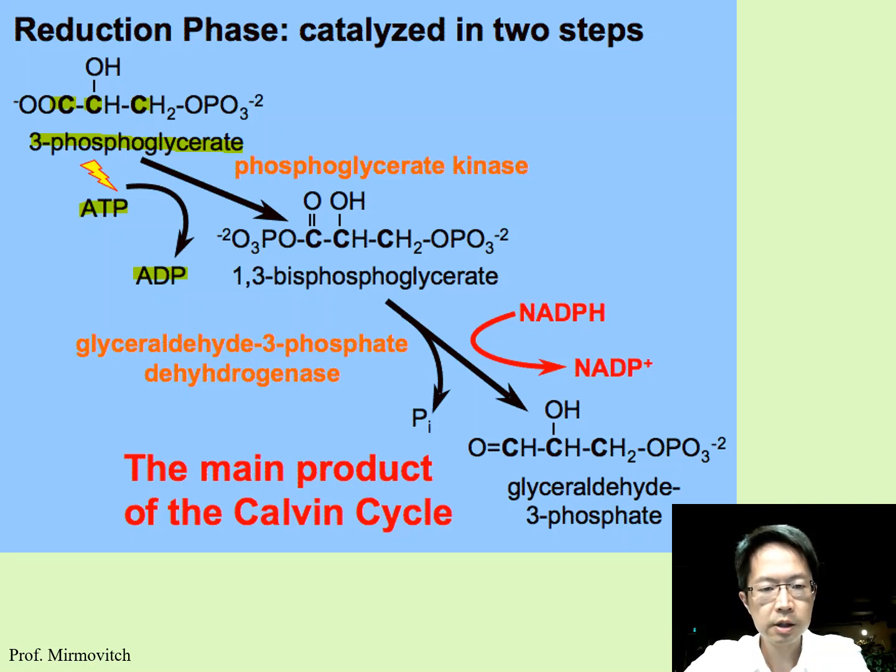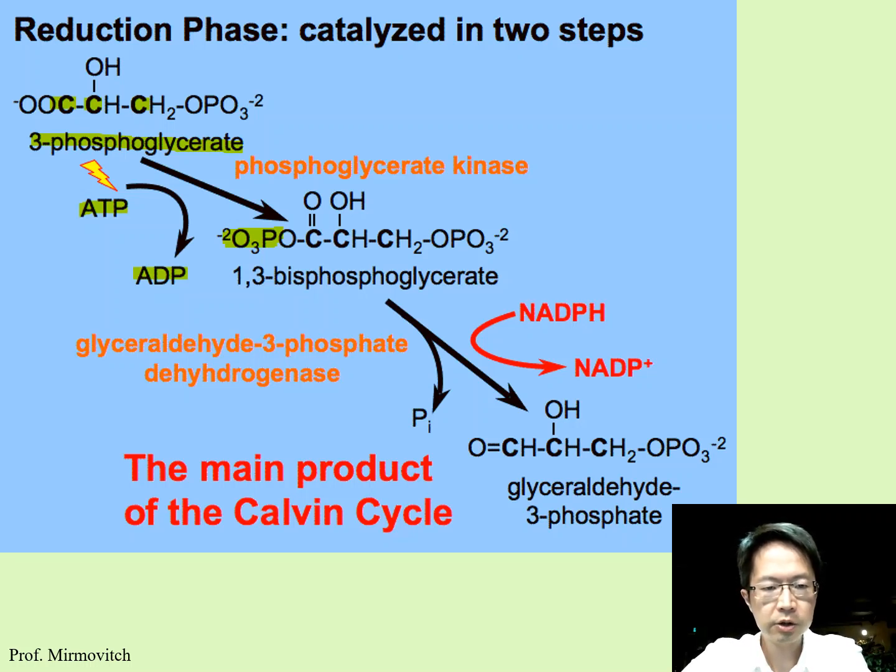By doing this, then one of the phosphate groups from ATP will connect to the 3PG. From 3PG, it becomes 1,3-bisphosphoglycerate.